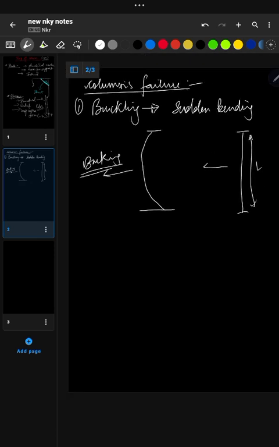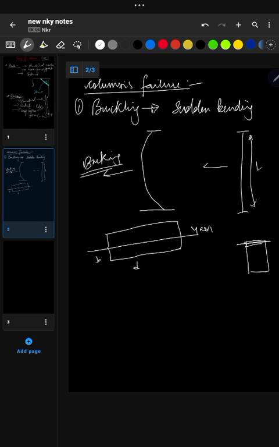Here we'll be calculating the area moment of inertia. Suppose we see a structure in top view, this is D and this is B, and this is about the y axis.